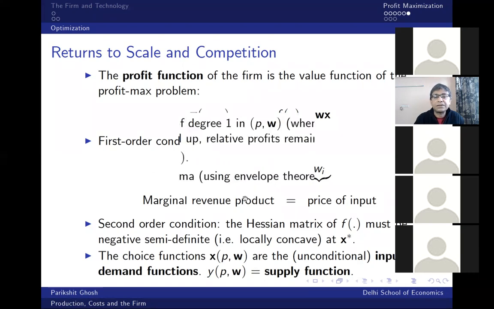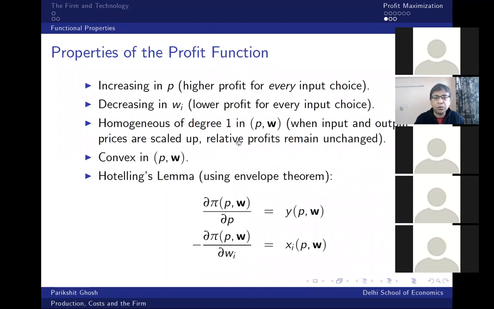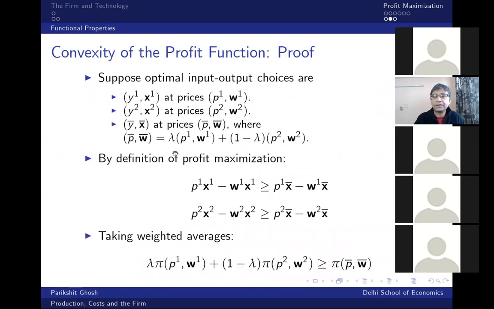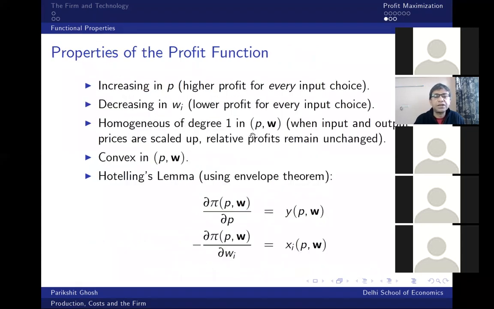Well, the mechanical answer to that is the proof. The proof is there on this slide, okay? But I think the reason you're scratching your head is that, when I was discussing decreasing returns to scale meaning convex cost functions, that was only the cost function. For the profit function, there's no such link, because when you take two price vectors and average them, you're averaging not only the input prices, but also the output prices.